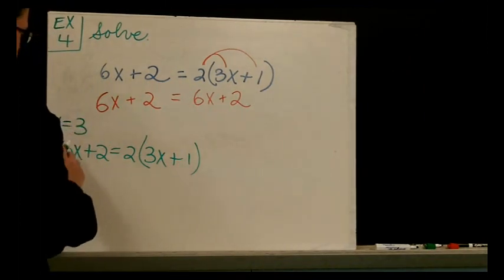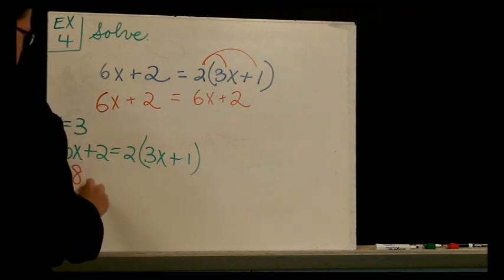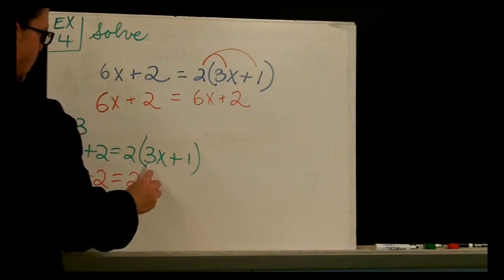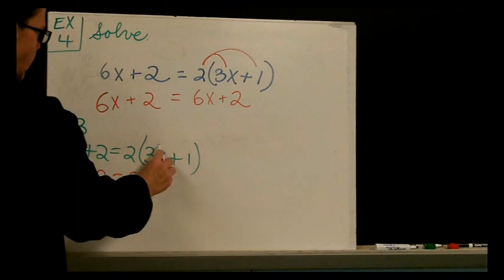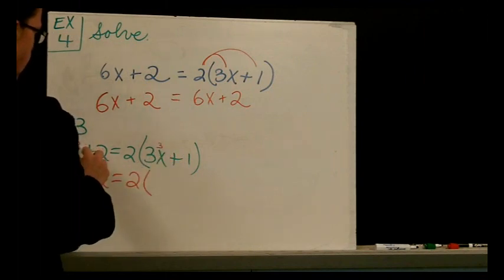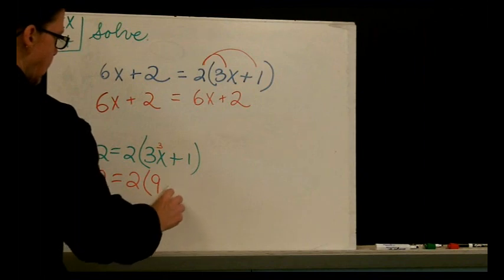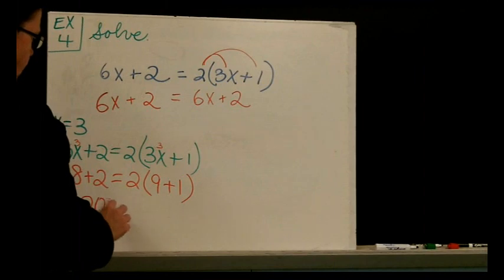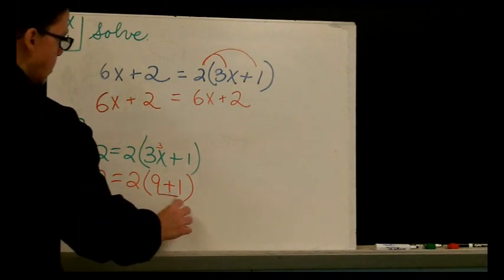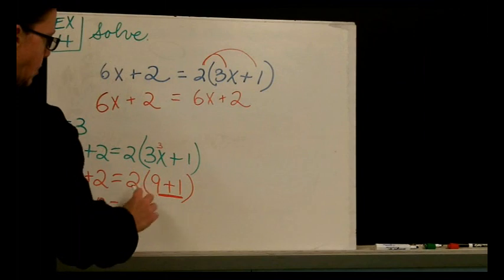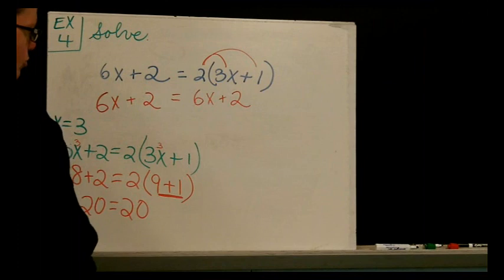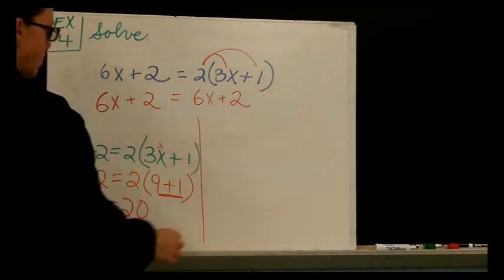So now instead of 6x, we'll have 6 times 3, which is 18, plus 2, equals 2 times the quantity, 3x, but if we're calling x 3, we have 3 times 3, which is 9, plus 1. 18 plus 2 is 20. 2 times, let's simplify this, 9 plus 1 is 10. 2 times 10 is 20 again. So you see 20 does equal 20. Let's do it one more time.